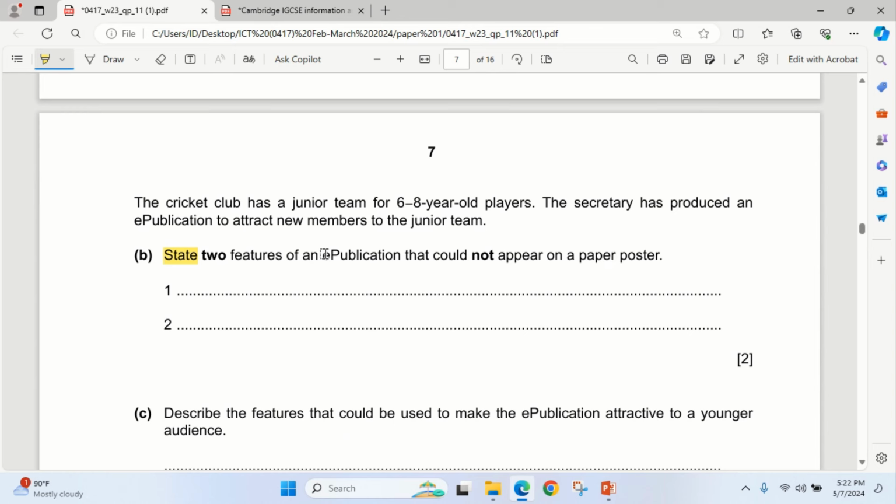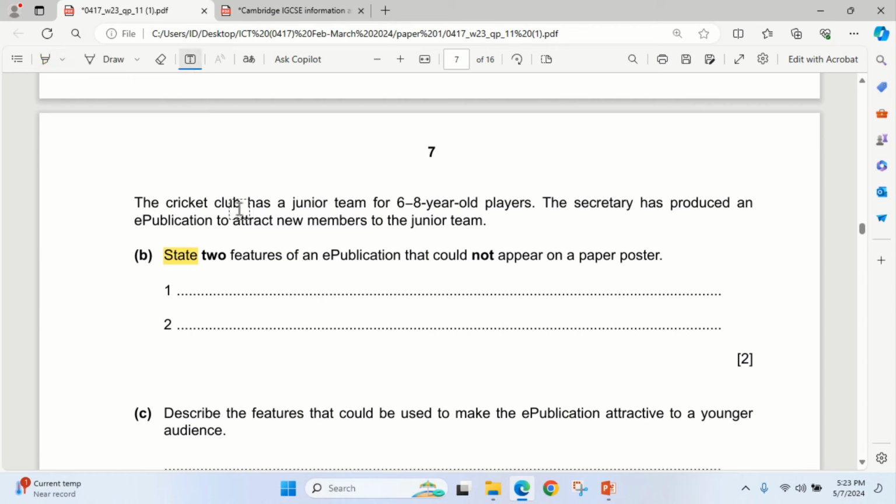So what is an e-publication? That's an electronic publication that you could blend multimedia content with. Like you could have hyperlinks, audio, animation, video, all those things are there for an e-publication. So when you compare it with a paper poster, what are the features of an e-publication that could not appear on a paper poster?